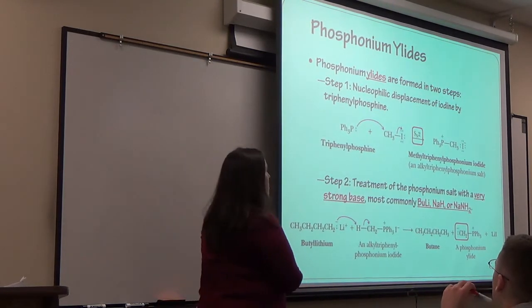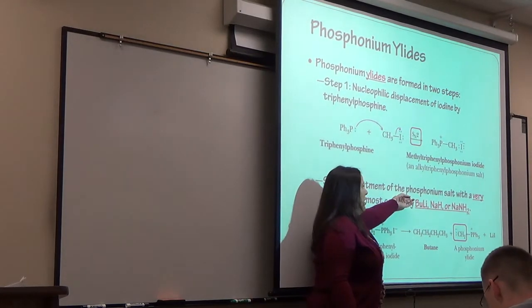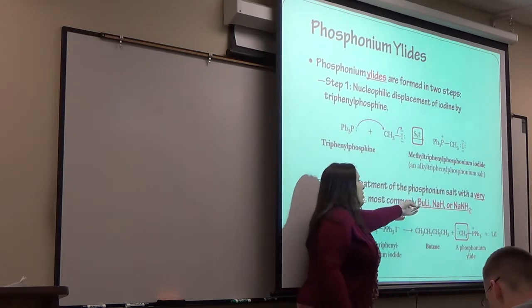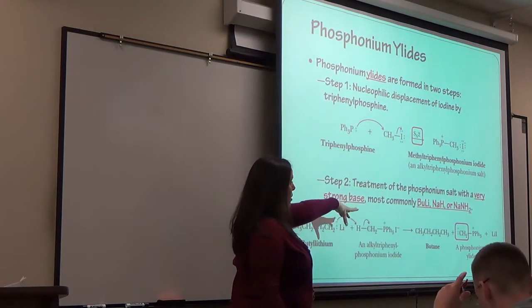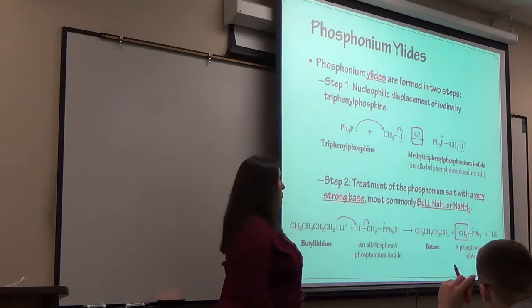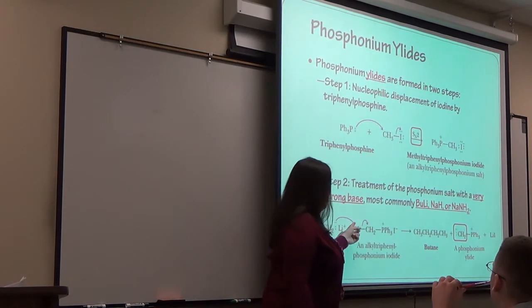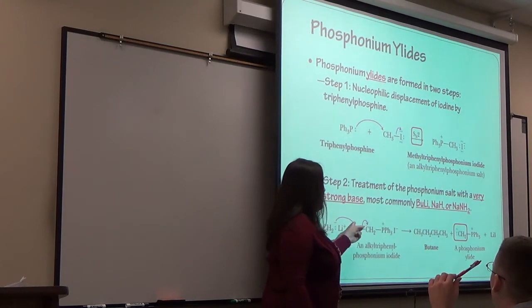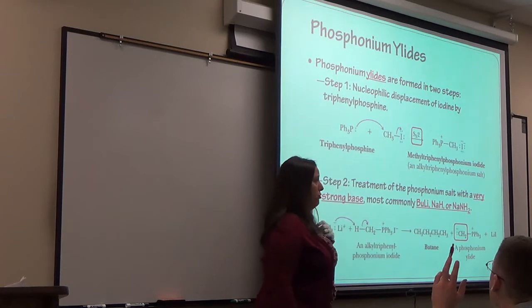So what has to happen is you treat that phosphonium salt, an ion at this point, with a very strong base. You can do butyl lithium, sodium hydride, or sodium amide, which we've used before in other reactions. When you do this, the strong base is going to take a hydrogen away. That's what bases do. They accept the proton.